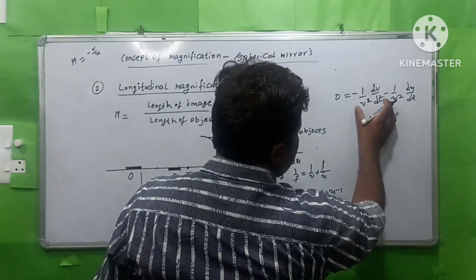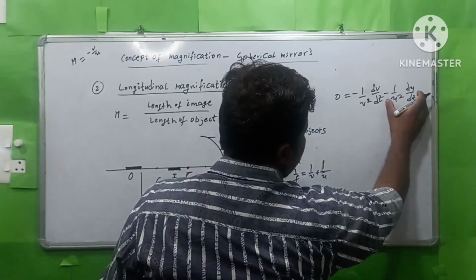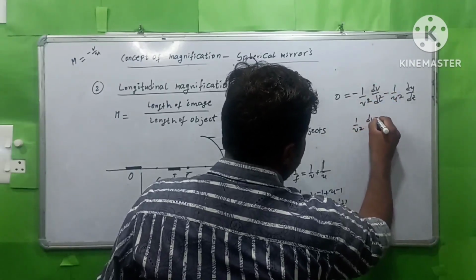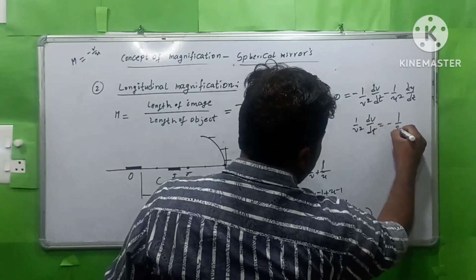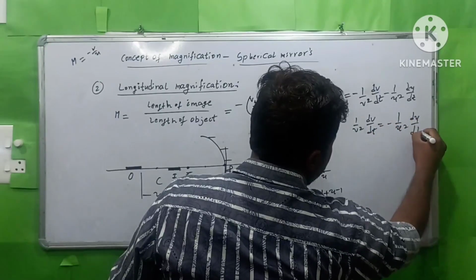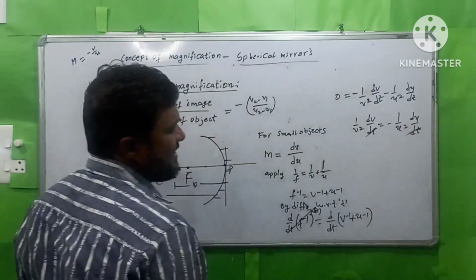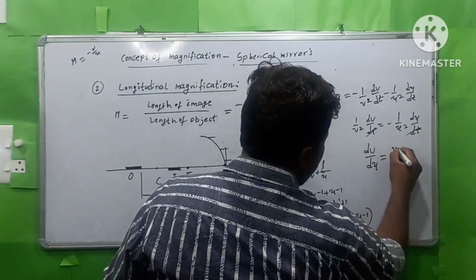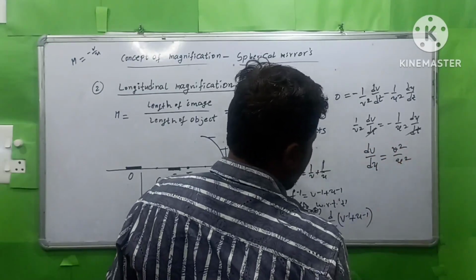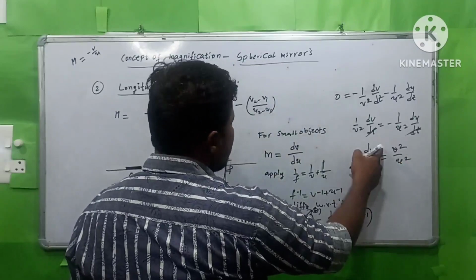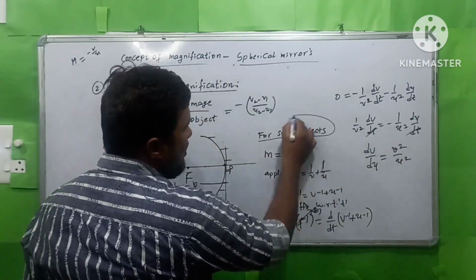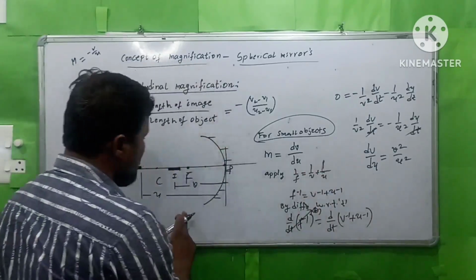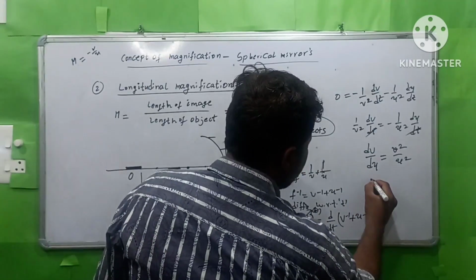Can I write this equation, if I send this term to this side, as 1 by v square dv by dt is equal to minus 1 by u square du by dt. The dt on both sides gets cancelled. It can be written as dv by du is equal to v square by u square. Here, for a small object, dv is the image distance change and du is the object distance change.